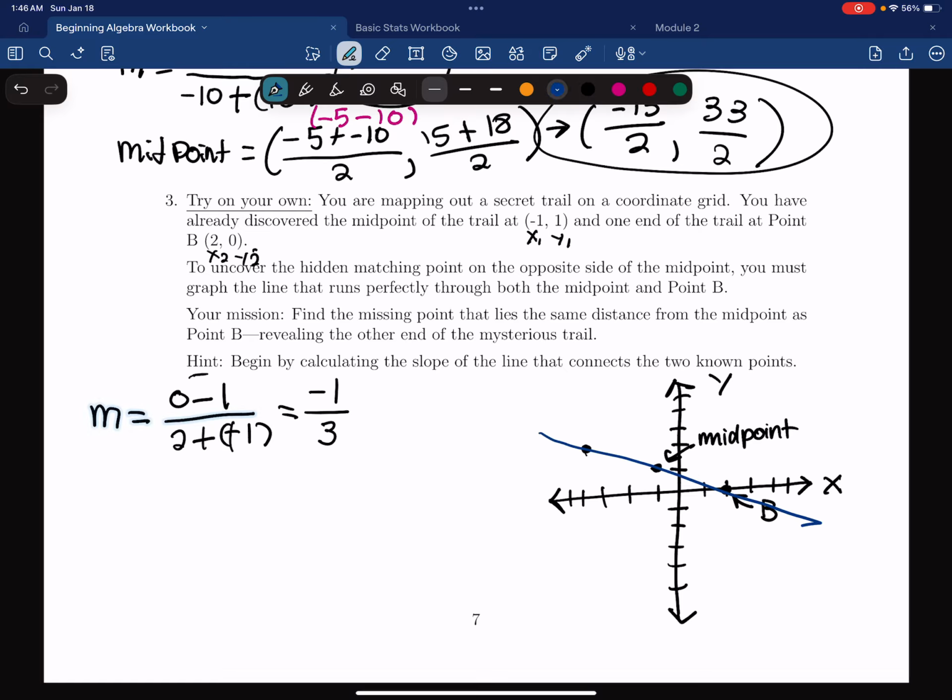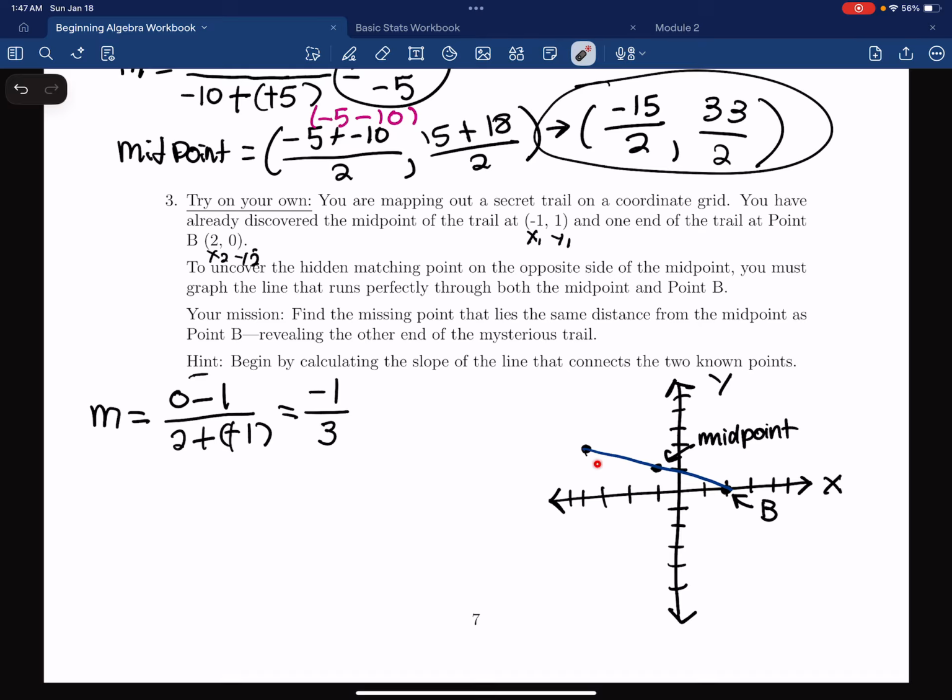So here's our linear equation. Here's our relatively linear trail. But because it's a trail, actually, our line will only run to these points.